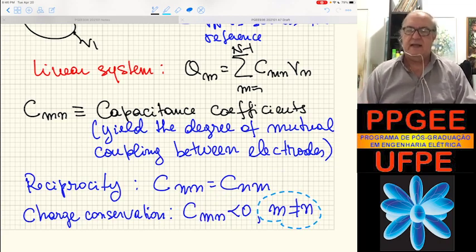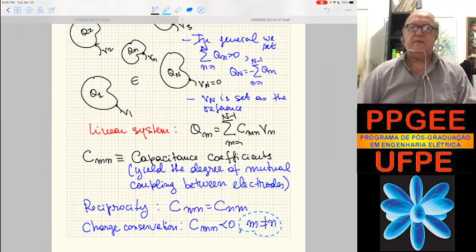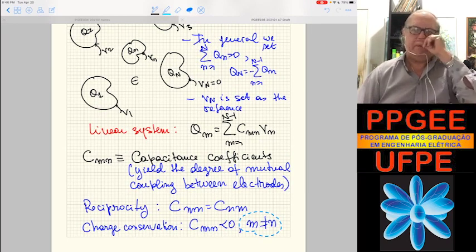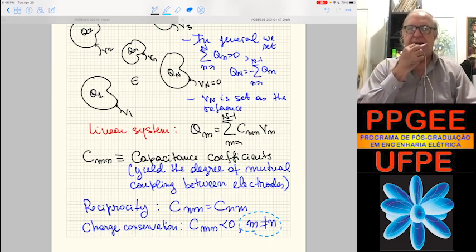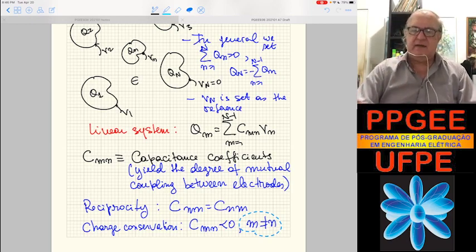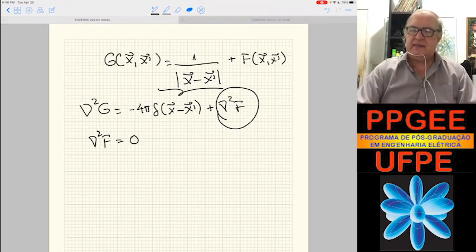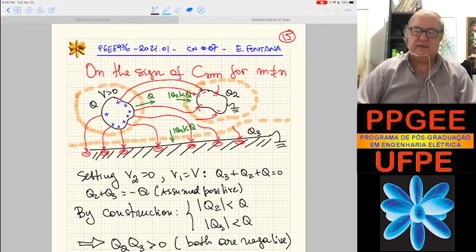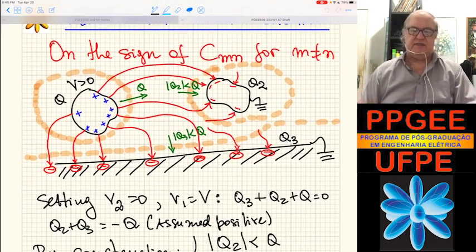Let's look at that now, and let's try to understand it in a more intuitive way, okay? Let's look at a system of 3 electrodes. What exactly are those coefficients?